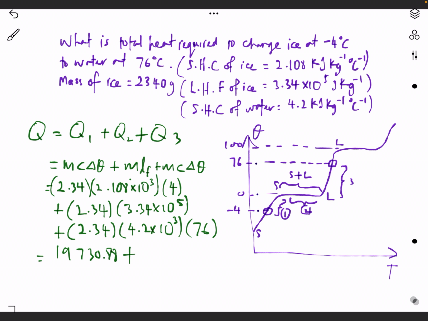The second part is 2.34 multiplied by 3.34 times 10 to the power of 5. So the answer is 781560. And the last part, 2.34 multiplied by 4.2 times 10 to the power of 3, then multiplied by 76. So the answer is 746928. Then you can add up all the numbers.